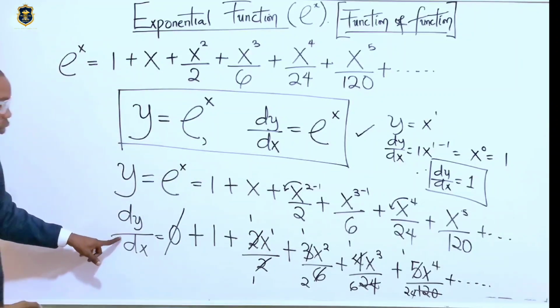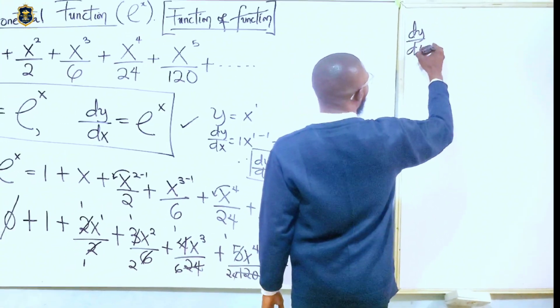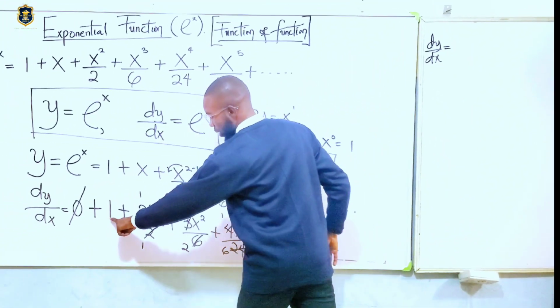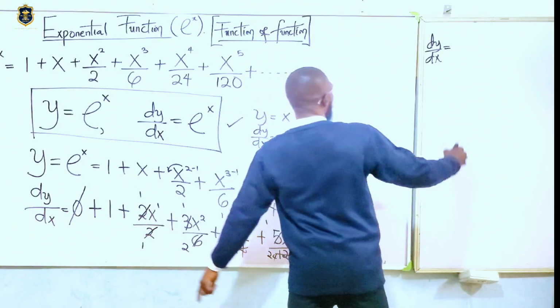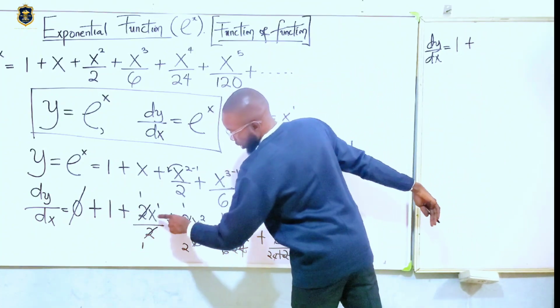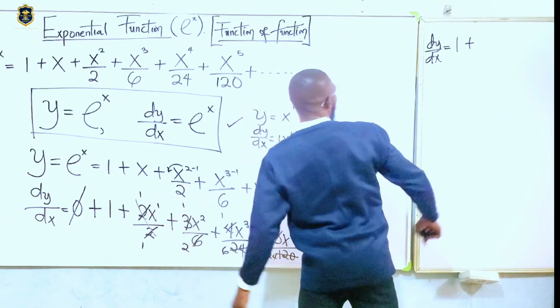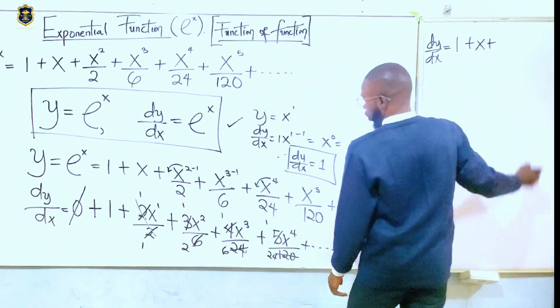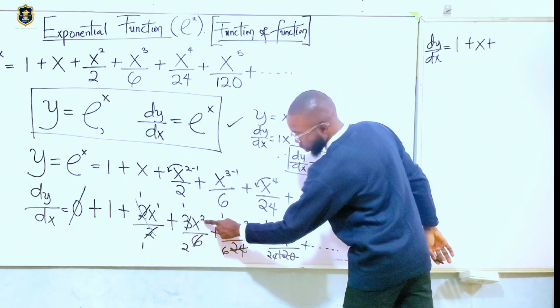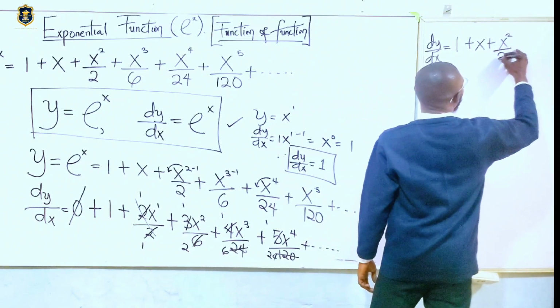dy over dx will give us 1, because 0 is gone. We'll start with 1 plus what? Check, what do we have next? x, because all of this here are gone. We have just x here. Plus x squared over 2.